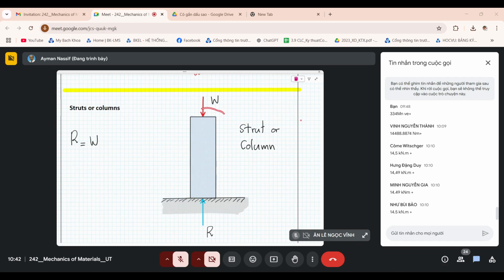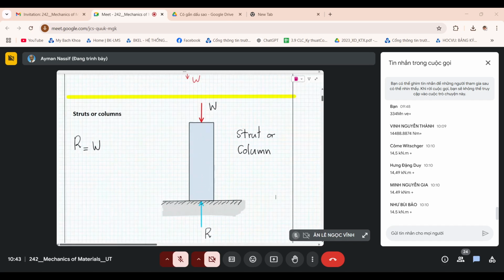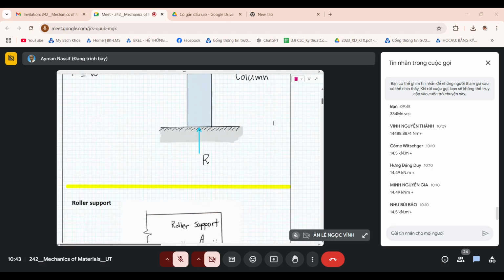Of course, there are many other problems happening here, but I'm not talking about these. There is something called buckling and stability and all sorts of things. But for now, I'm just focusing on the idea that there is no movement allowed. So you develop a reaction if you stop the movement in a certain direction.